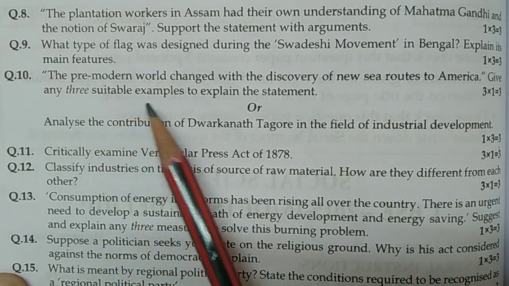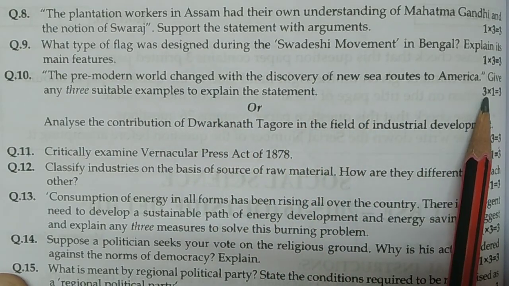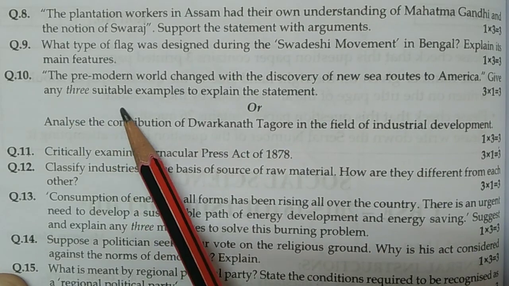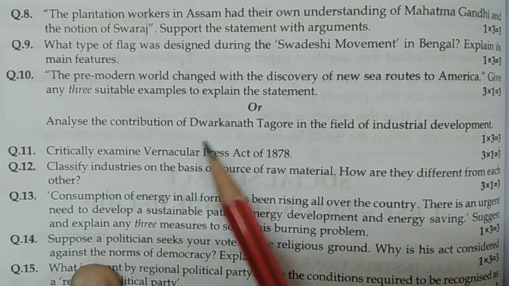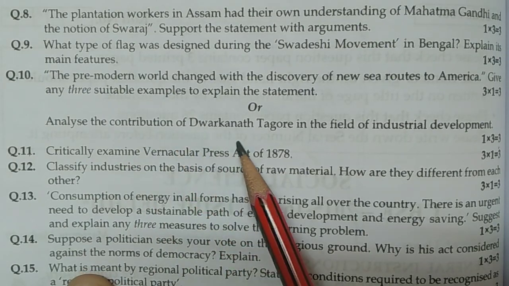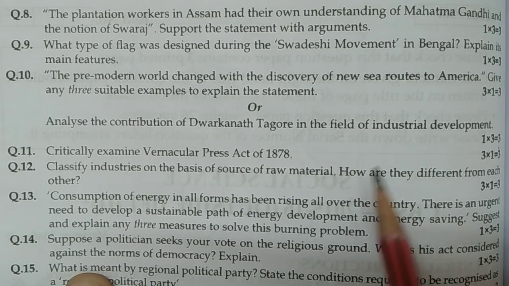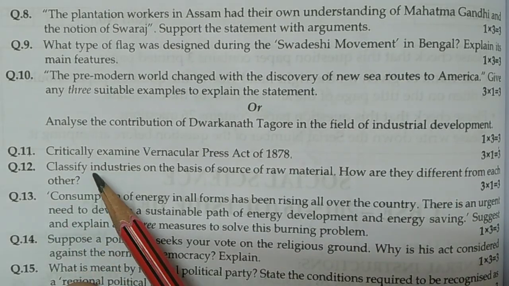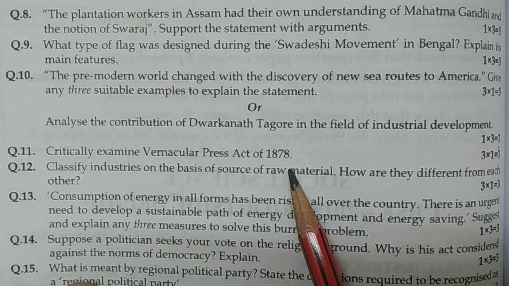The pre-modern world changed with the discovery of new sea routes to America. Give any 3 suitable examples to explain the statement. Or analyze the contribution of Dwarkanath Tagore in the field of industrial development. Now question number 11. Critically examine the Vernacular Press Act of 1878.